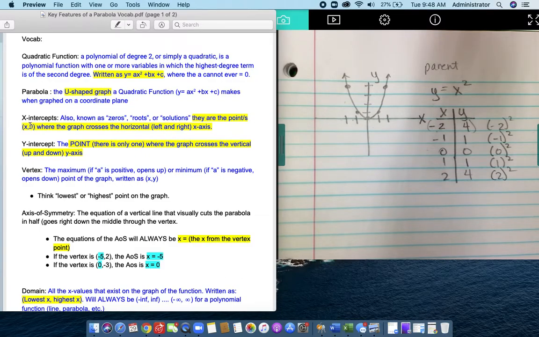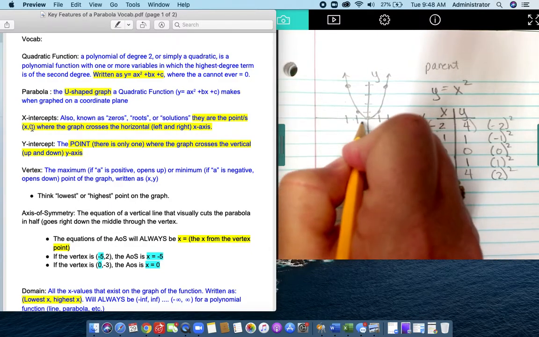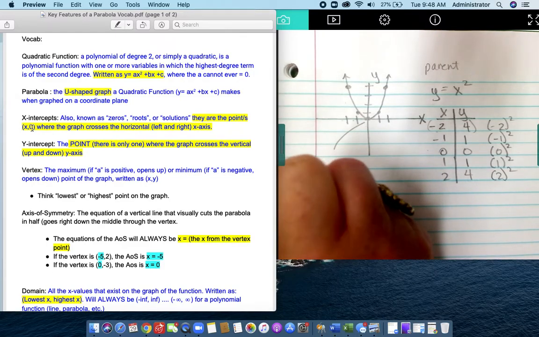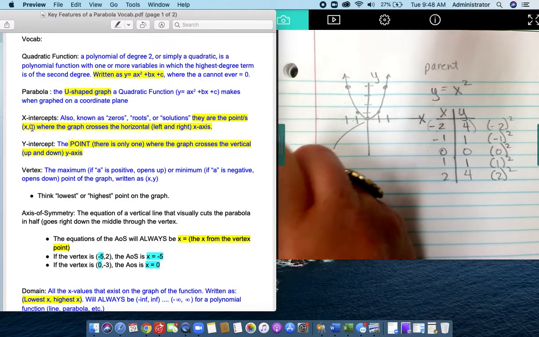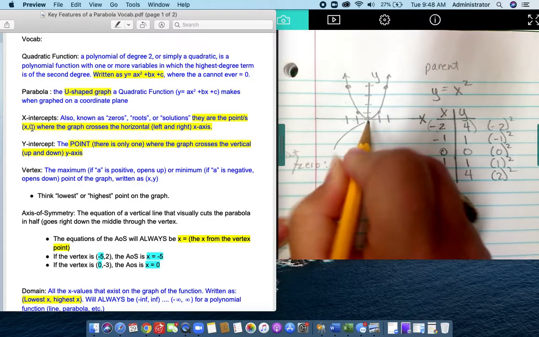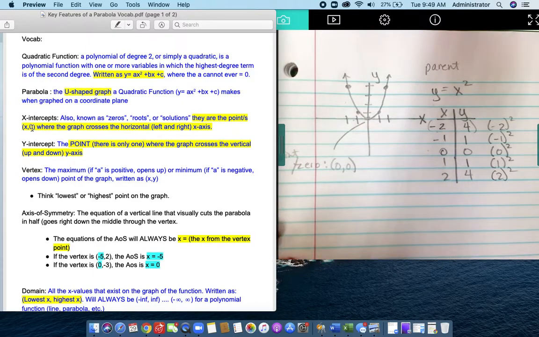Okay, so notice it's always the point x, 0. So if right now I ask you what is the zero or what is the x-intercept, I would want you to write that it is the point 0, 0.